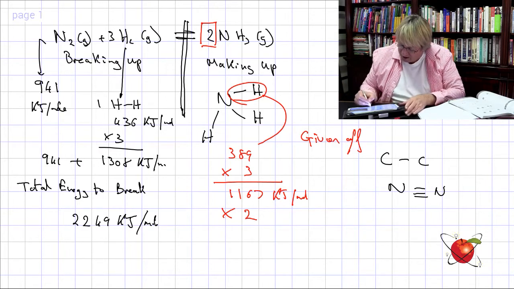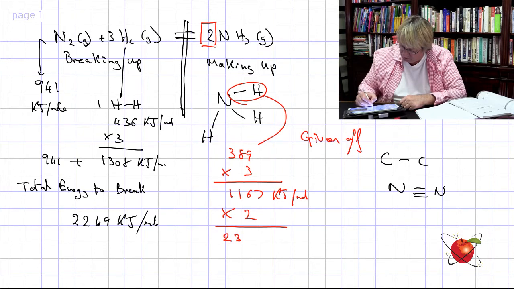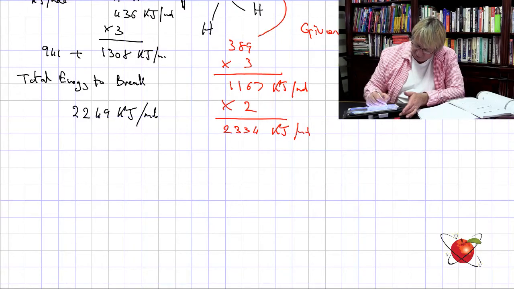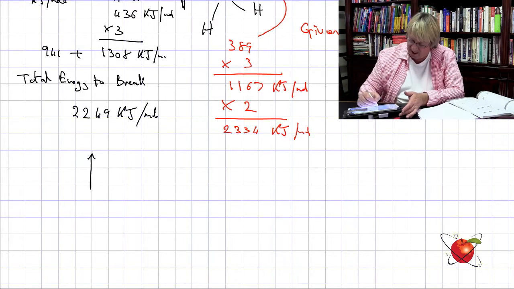So therefore, we end up with a number there of 2334 kilojoules per mole. Right? Therefore, what do we do at the end? We do our little energy balance, and we say, right, energy there, less energy there.